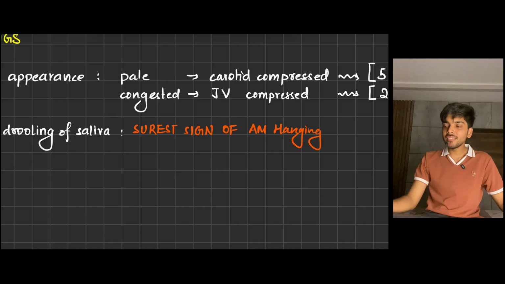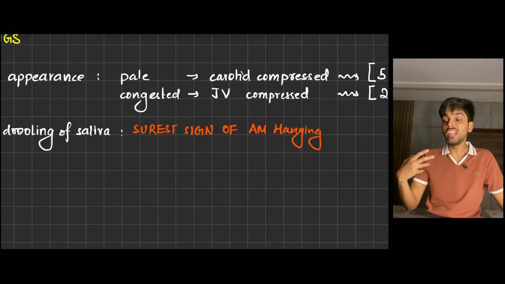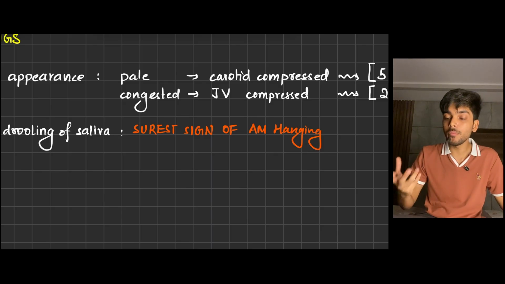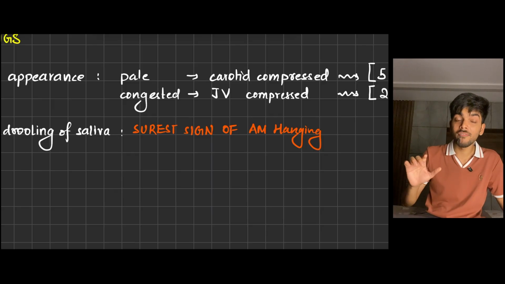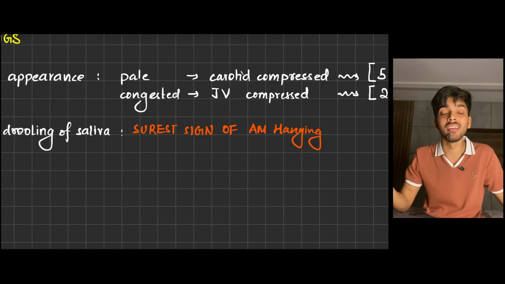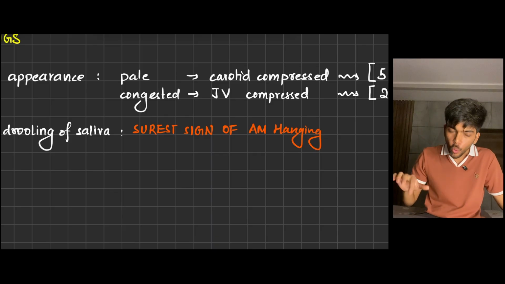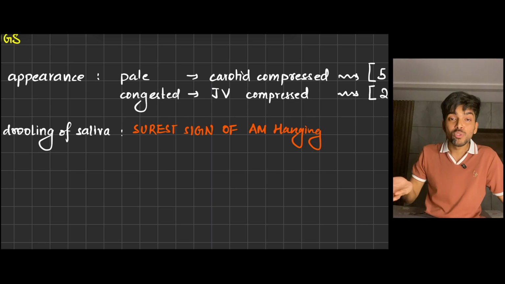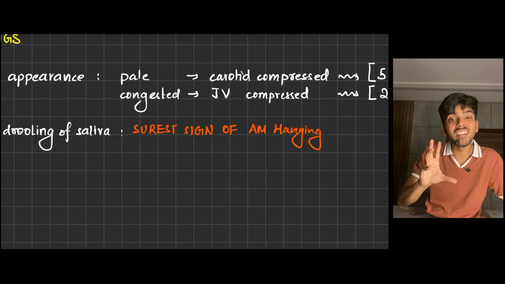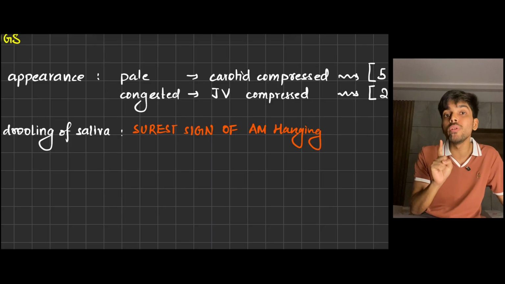See, as a forensic medicine expert or a detective, you need to be able to differentiate between antemortem and postmortem hanging. The person could have died because of hanging, that is, he was alive before hanging, that is antemortem hanging. Or the person could have been killed and then hung with a rope, that is post-mortem hanging. So to differentiate between the two, there are certain signs, and these are the signs. The first one and the surest one being the drooling of saliva.